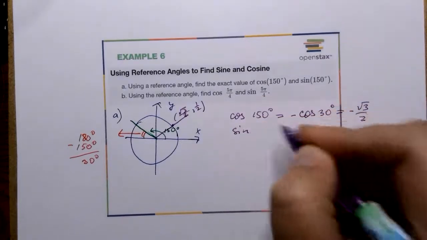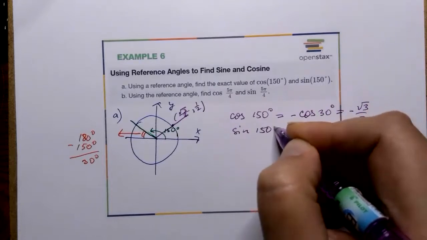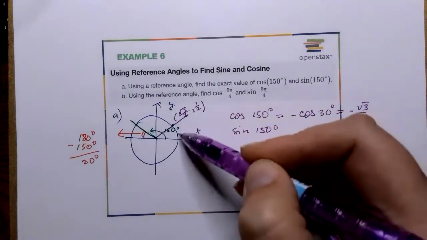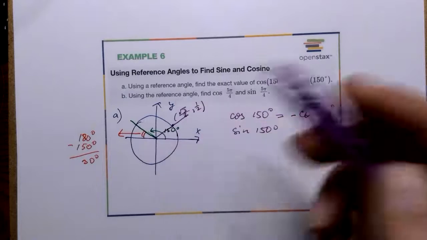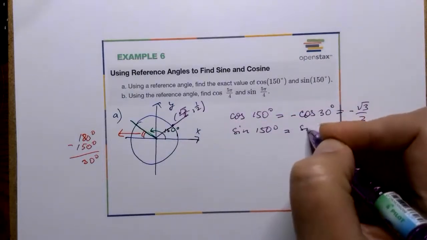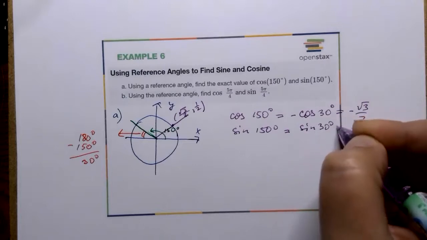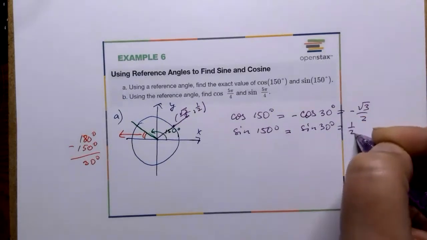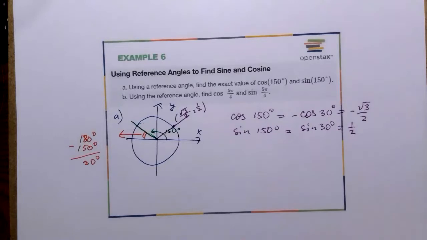For sine of 150, in the second quadrant the y coordinates are positive, so it's going to be the same as the sine of 30, and that equals 1/2. Okay, so that's question A.